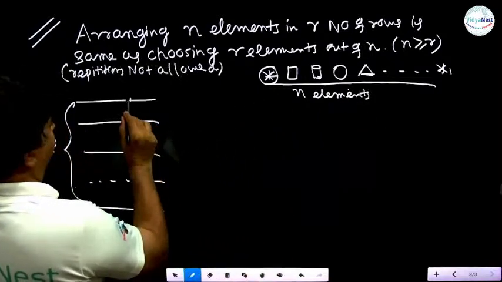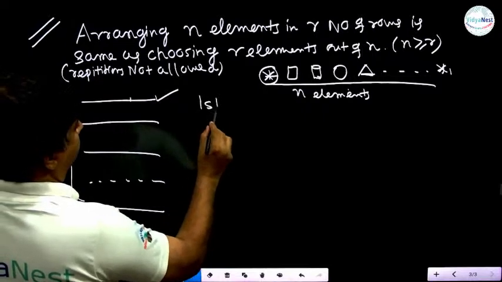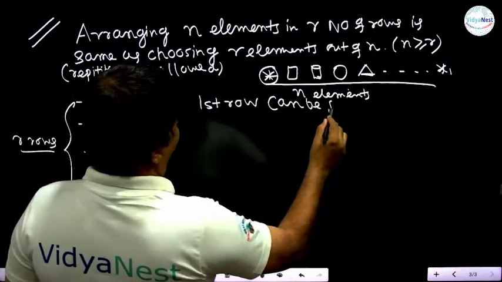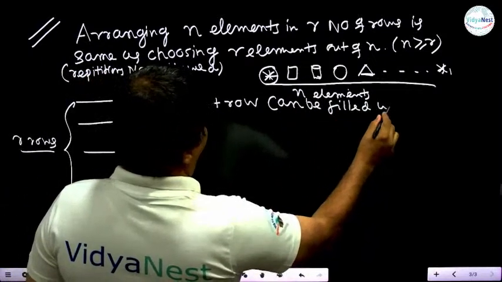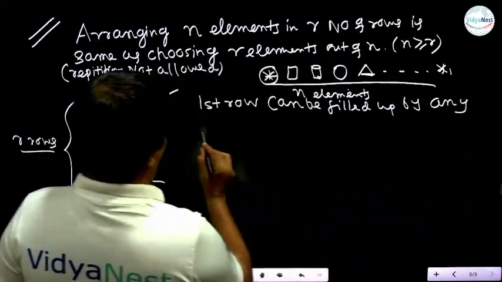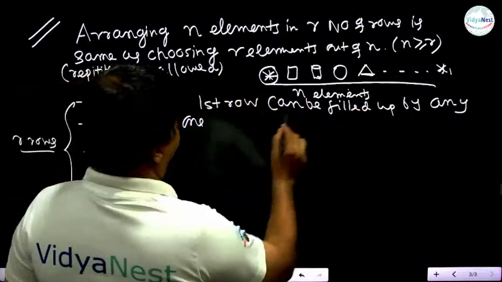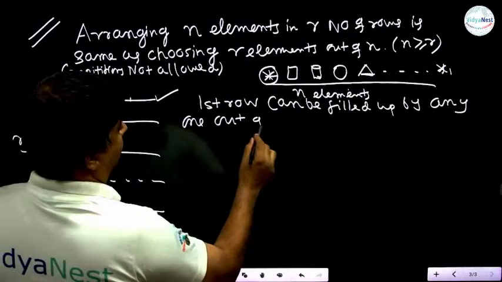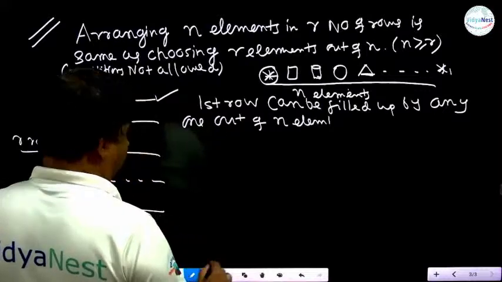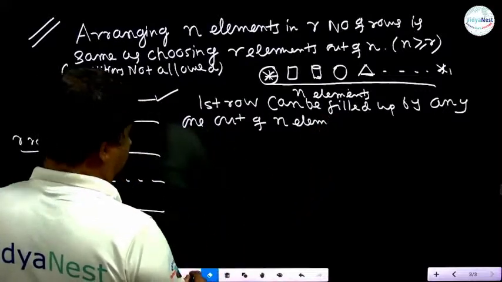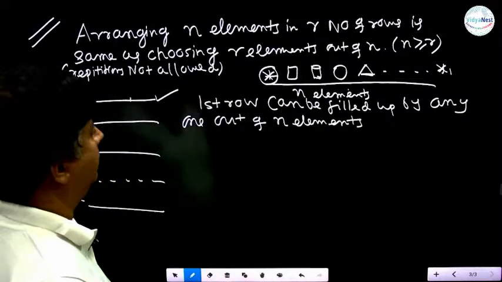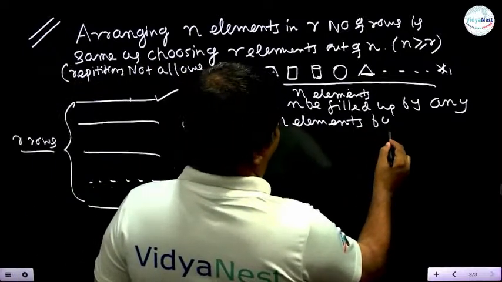The first row can be built up by anyone out of n elements, by n ways.